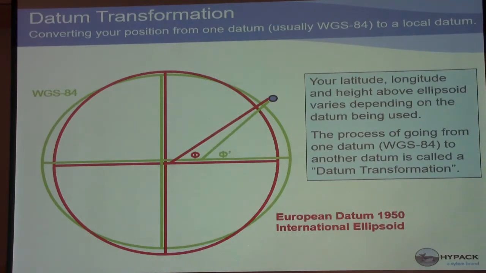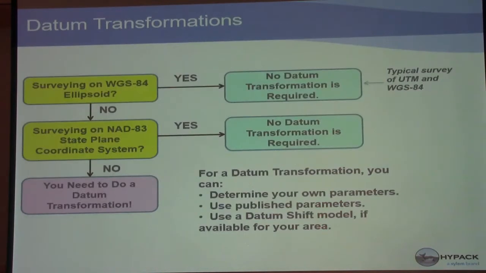In order to shift to this additional ellipsoid or datum, we need to do a datum transformation. Again, the latitude, longitude, and ellipsoid height vary depending on the datum being used, and this process is just called datum transformation. We'll run through a couple of examples of that.